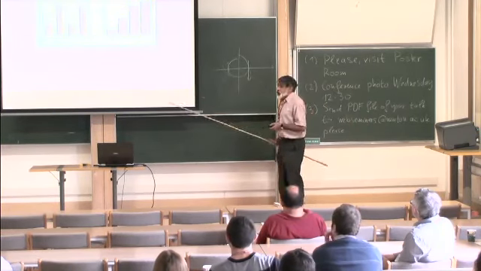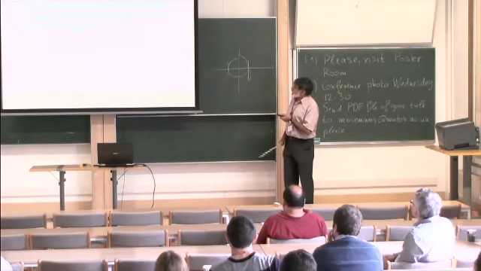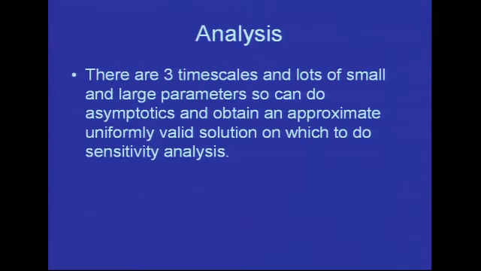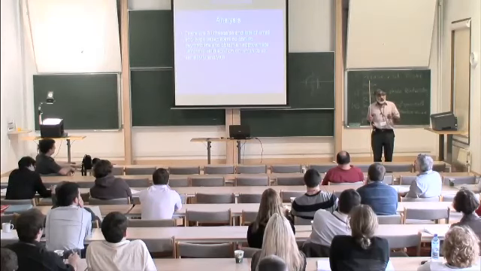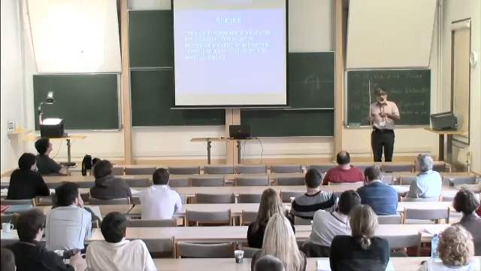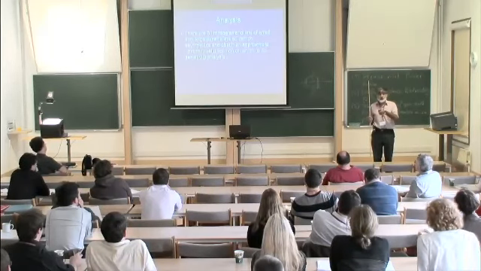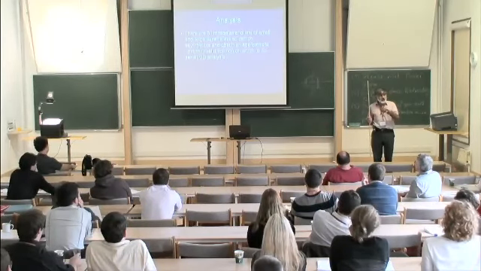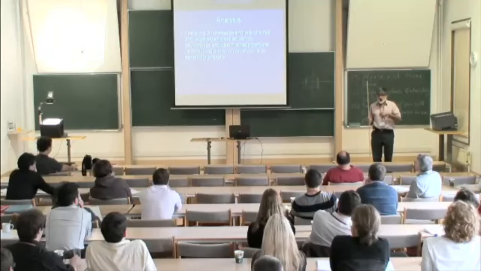Okay. So what we did then, it turns out this model has 3 different time scales. So from the point of view of a PhD thesis, this is fantastic because you can do lots of asymptotics. From the point of view of being something useful, it also means that you now have analytic expressions for everything, and therefore you can do a parameter sensitivity analysis in an analytic way.